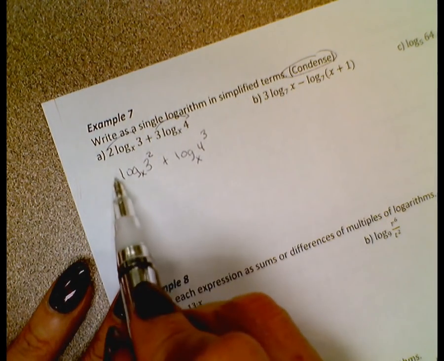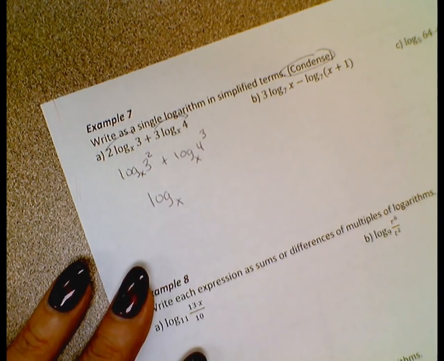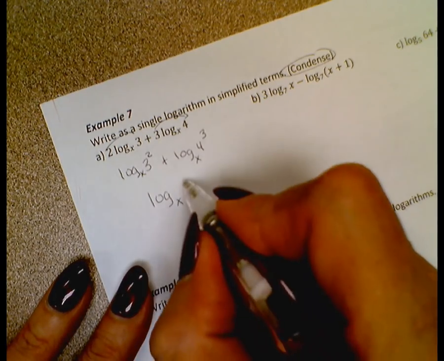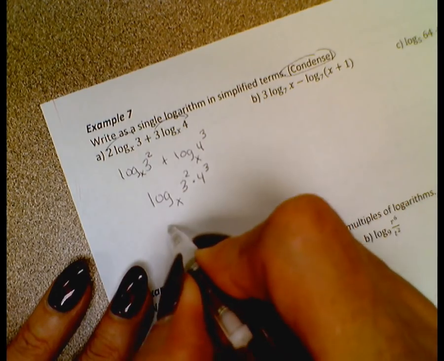Once you have a single log, with nothing out front of the log, then you can write it once. So we're going to write it once, because that's what condense means, and then we're going to take this 3 squared, and multiply it to this 4 cubed.